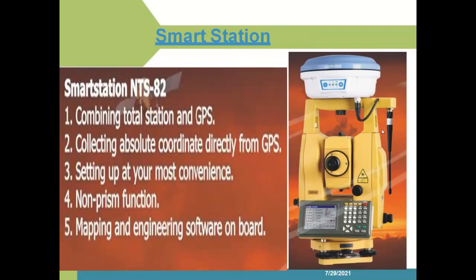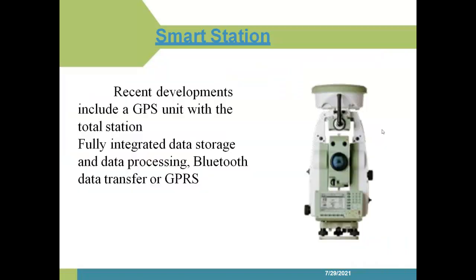And the next one is the smart station. Smart station means a combination of total station plus GPS. It is called a smart station. It has the non-prism function also, and it is operated with Bluetooth data processing and GPRS. Everything is there, and the GPS unit is also inbuilt. From that we can give the latitude and longitude information of that particular area.